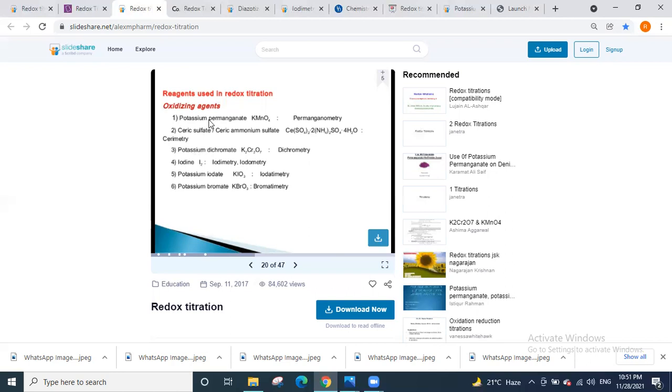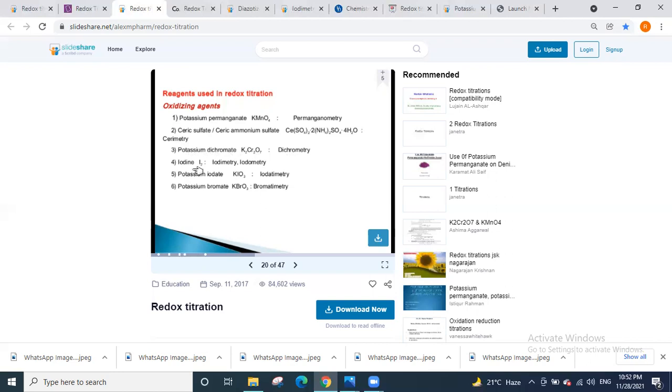If we use potassium permanganate, KMnO4, as a titrant, then the type of titration is called permanganometry. Similarly, if we use ceric sulfate, the type of titration is called cerimetry. Potassium dichromate, then the titration is called dichrometry.